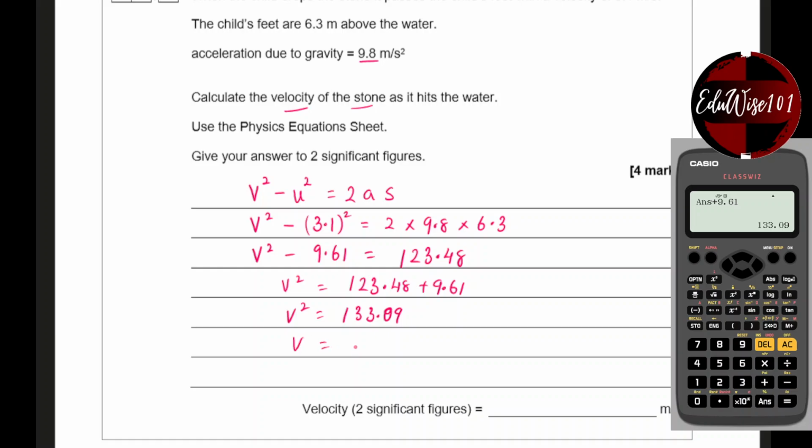So v is the square root of that number, 133.09. So square root of the answer is 11.54. They want the answer in two significant figures, which carries a mark. So that would be 12.